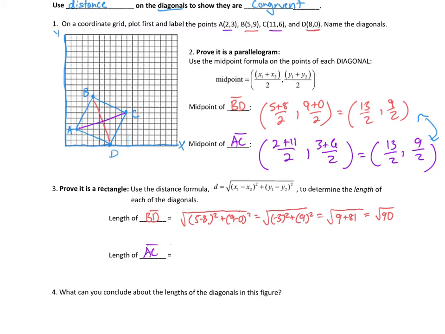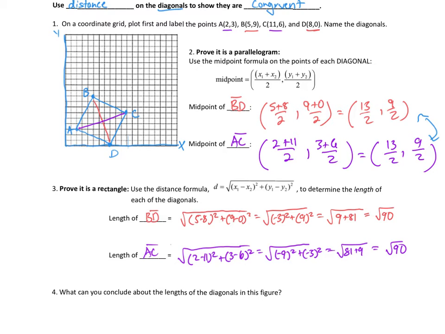So here, the square root of 2 minus 11 squared plus 3 minus 6 squared, which is negative 9 squared plus negative 3 squared, which is 81 plus 9. It's the square root of 90.